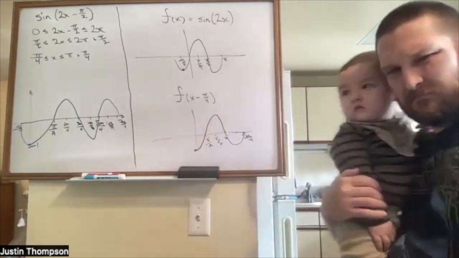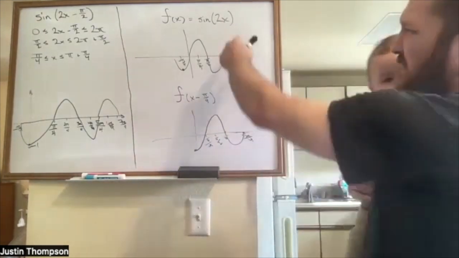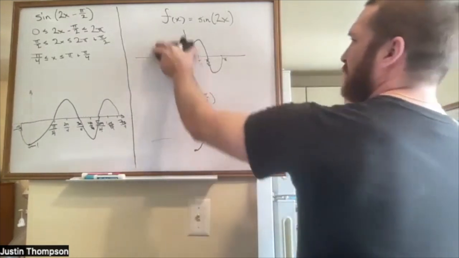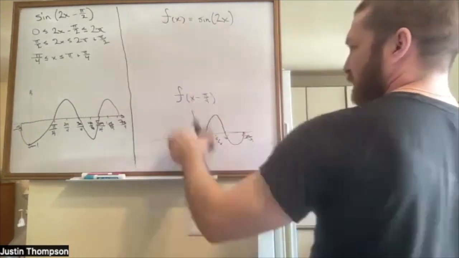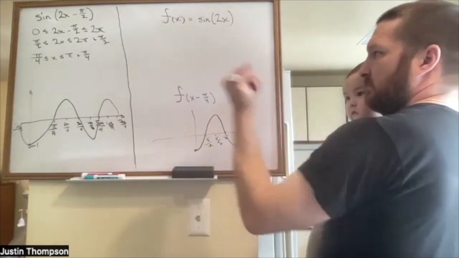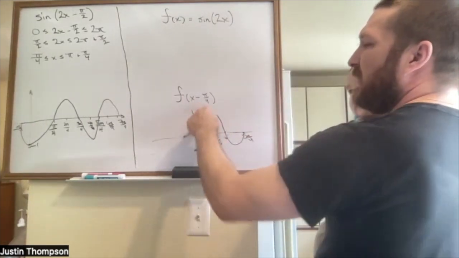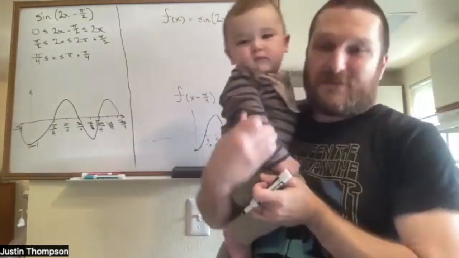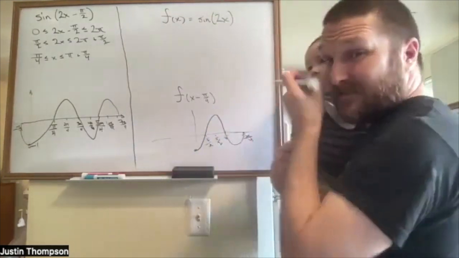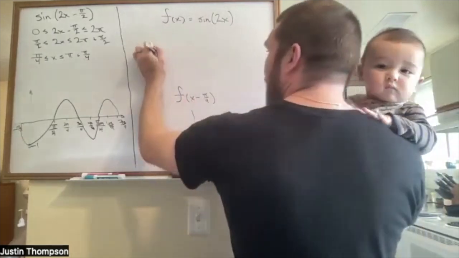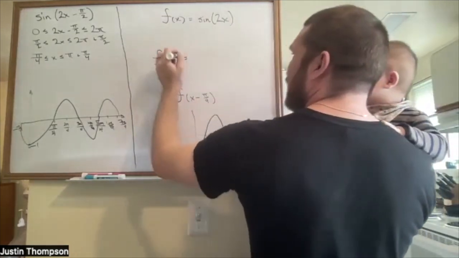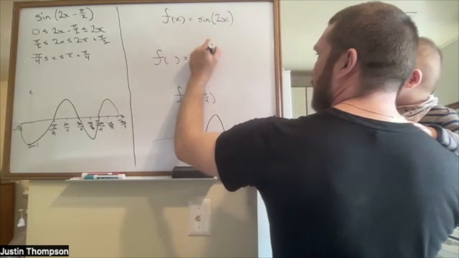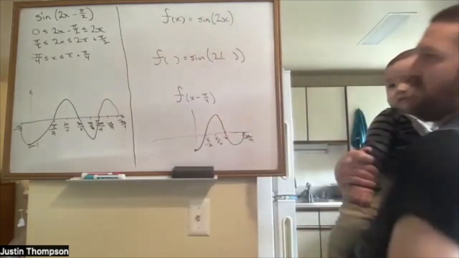Now check this out. Let's just see what that is. If I just plug this in. Now this is where I've said this since day 1 of last year. Parentheses are your best friend. I'm going to go ahead and rewrite f of stuff as sine of 2 times whatever the stuff is.